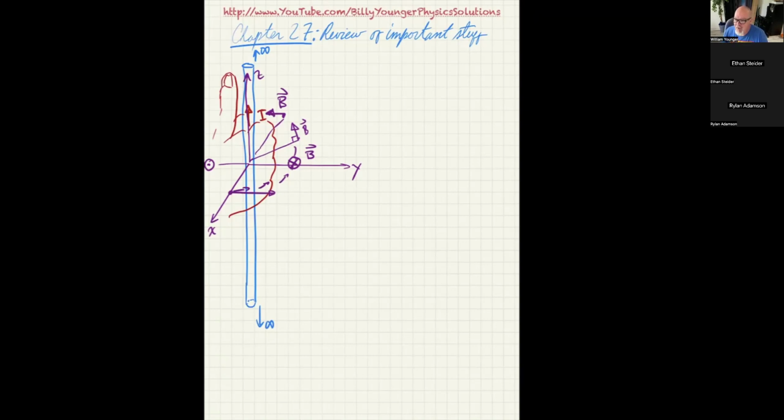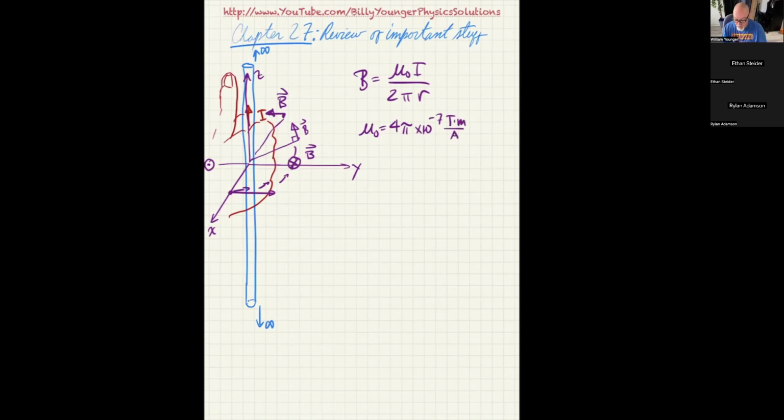And what it says is that at that 10 centimeter distance, the magnetic field is going to be the same strength at every point along that circle. And that strength can be given by B is equal to mu 0 I over 2 pi r, where r is the distance away. The mu 0 is a new constant. It's 4 pi times 10 to the negative 7th Tesla meters per amp.